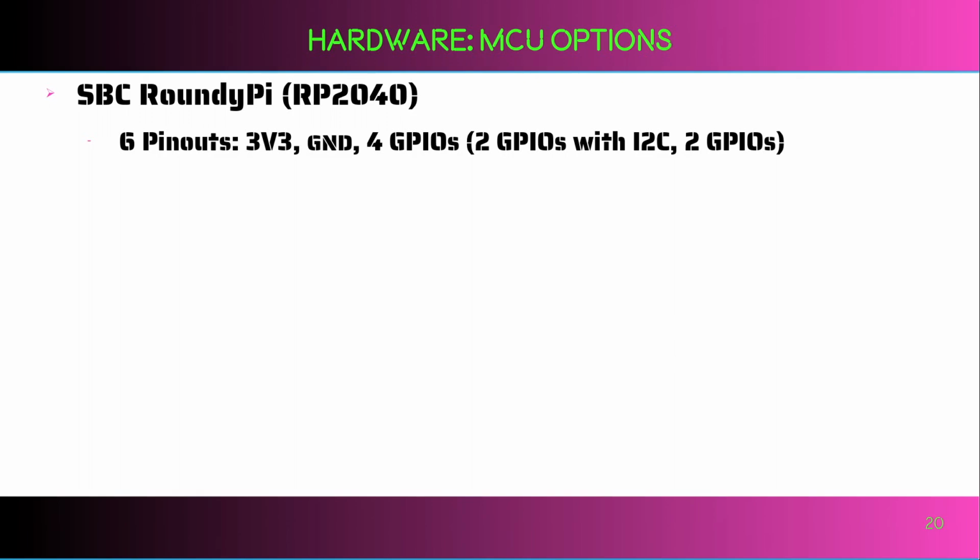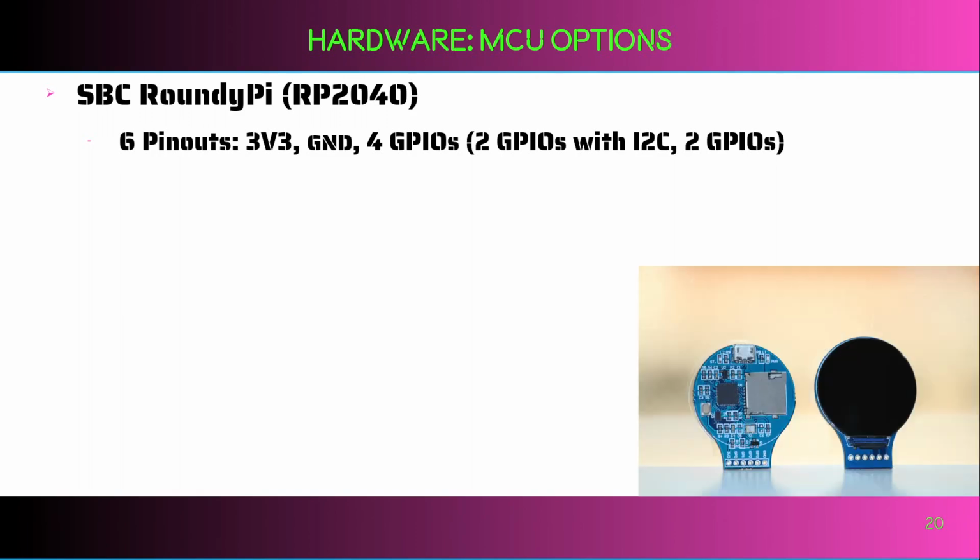Has 4 GPIOs. 2 of those are power and ground, and 2 of those are I2C capable. Oh wait, no, power and ground I did already have up there. We have 2 additional GPIO lines, but we have I2C, and that's all we need. That's what it looks like. It even has an SD card on the backside. I don't make use of that.